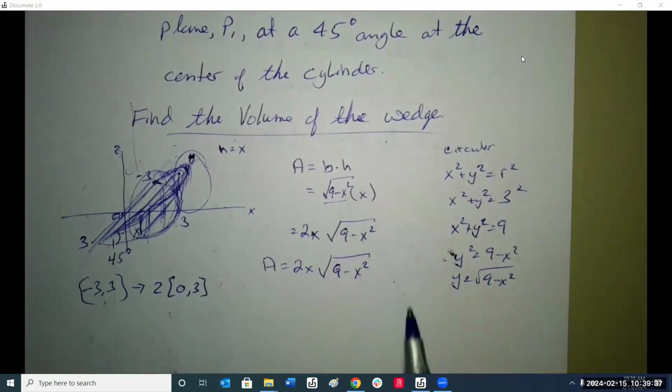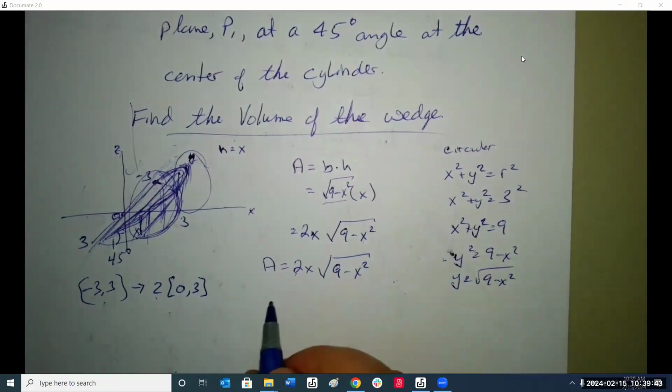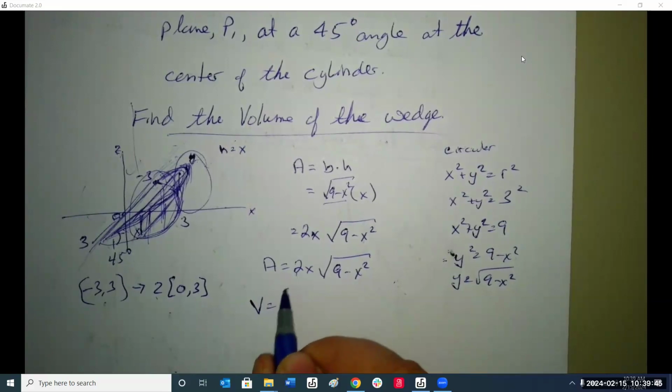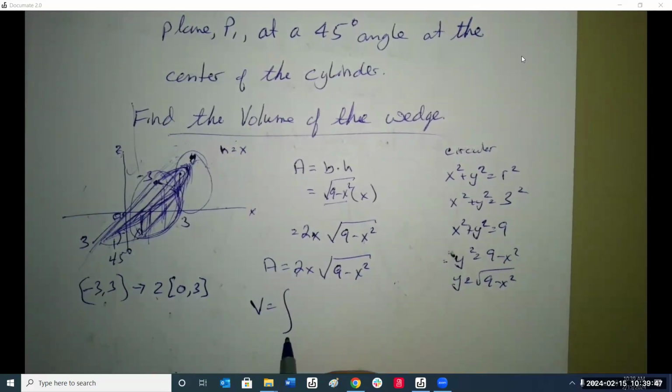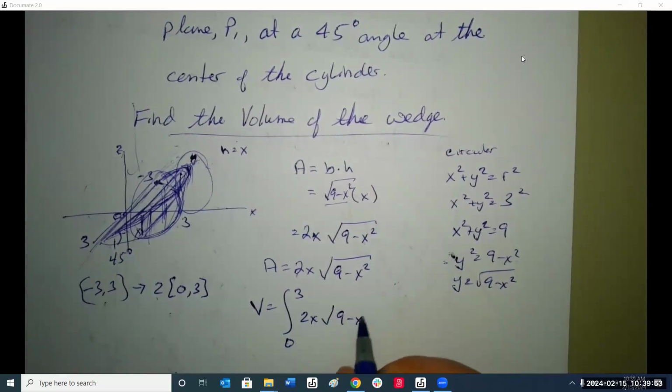Because it's an even function, I could double it. So the volume equals, from 0 to 3, 2x radical 9 minus x squared dx.